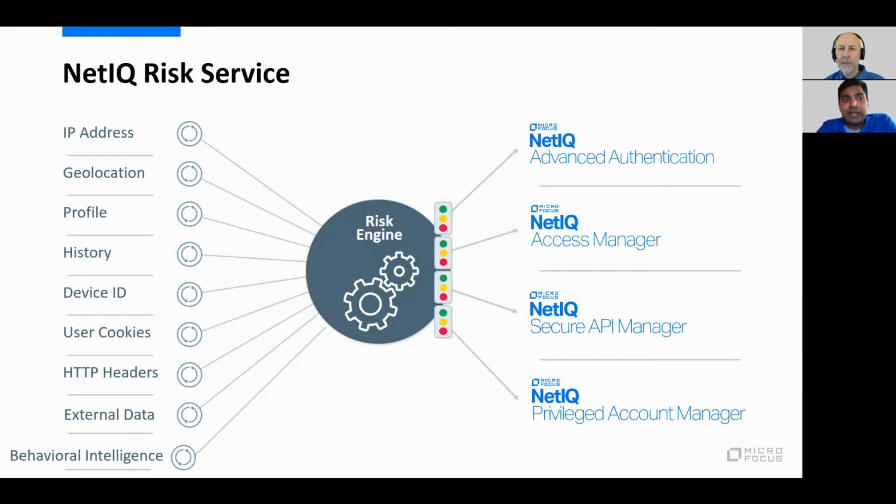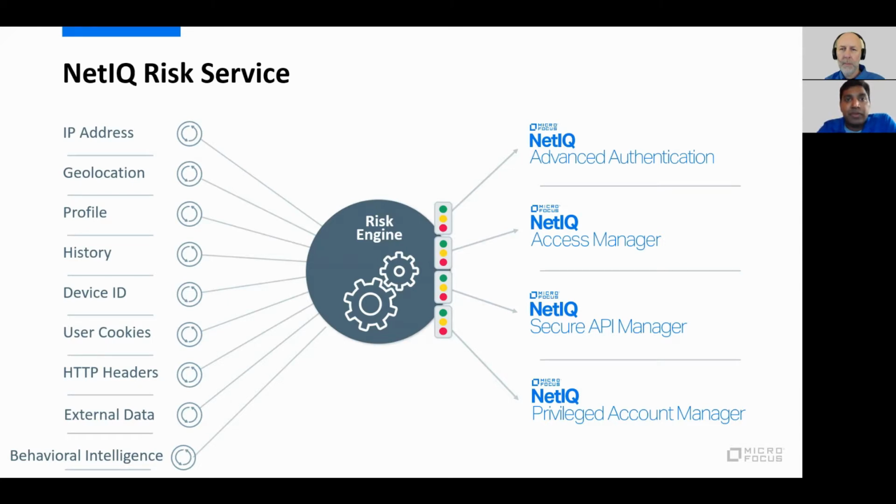What it means is that Risk Service has the ability to look at a number of contextual information of the user: who the user is, where they are logging in from, what kind of access rights they have, the profile information, what are the historical accesses the user has performed in different systems. Is the user connecting from a known device or an unknown device?